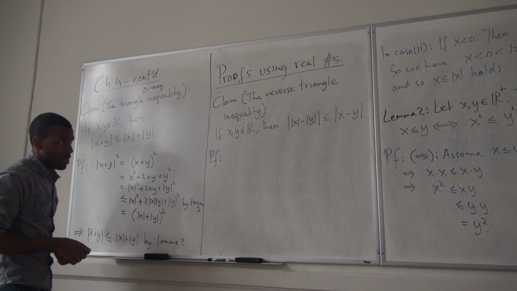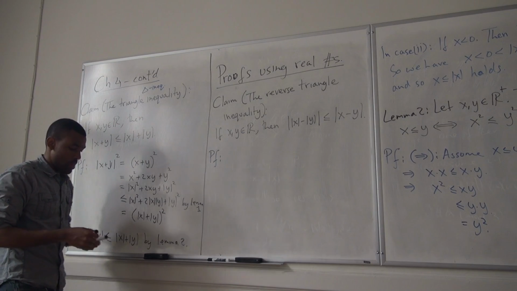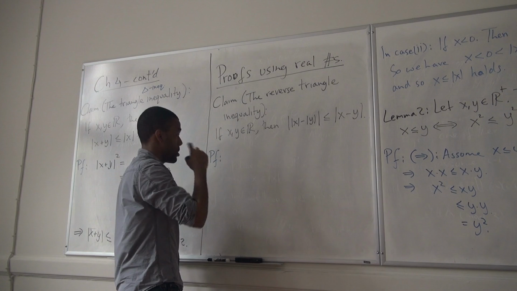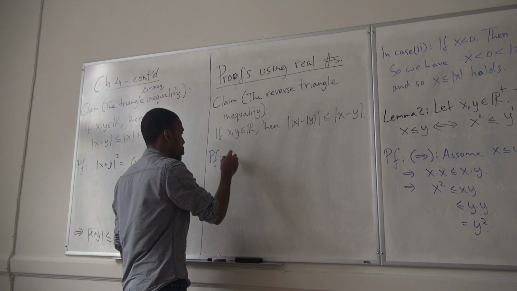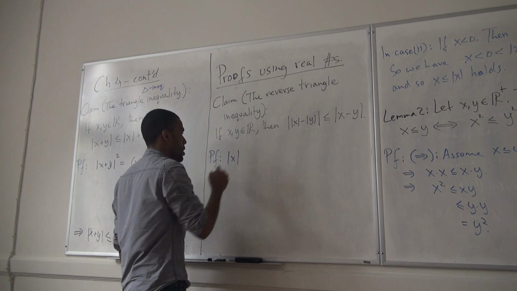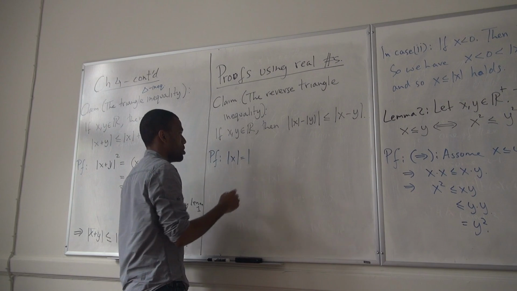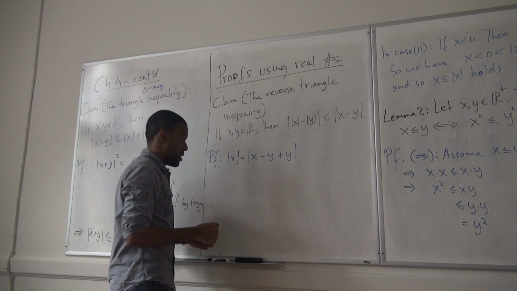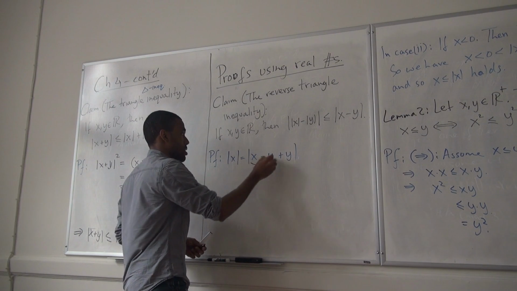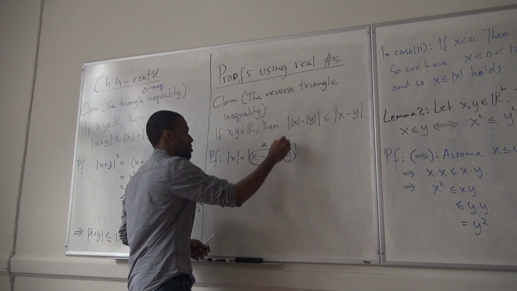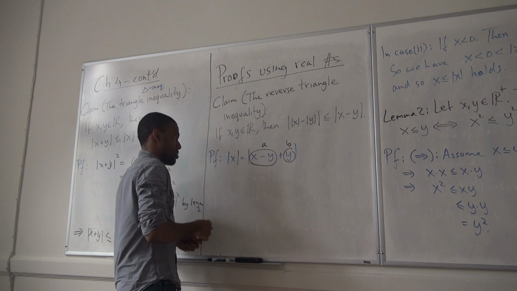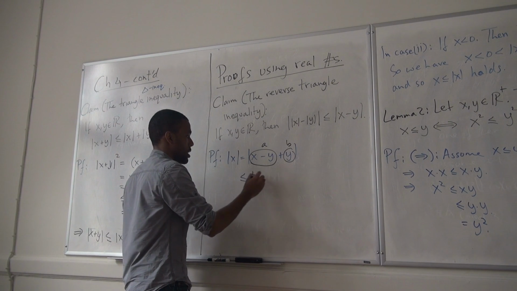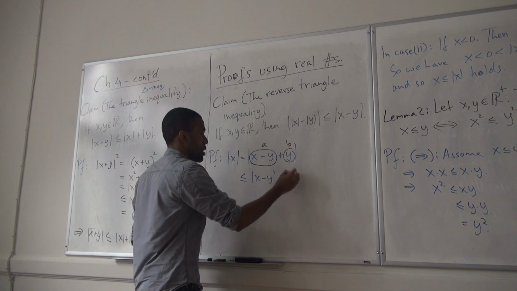Okay, all right. So I see what you're saying. Usually how they do it is they say something like this, where you have the x minus y and the y. You can start like this, and then you subtract y and you add y, right? And then think of this as the A, and think of that as your B, right? And so the triangle inequality is going to tell us that this is less than or equal to the absolute value of x minus y plus the absolute value of y.